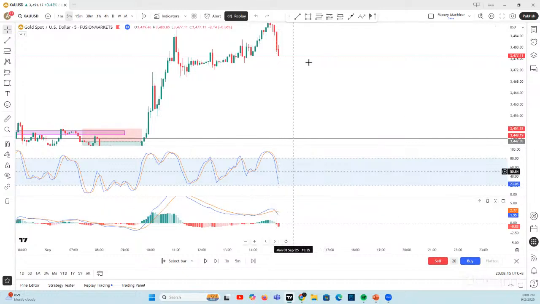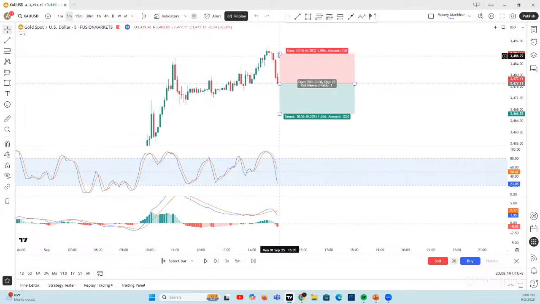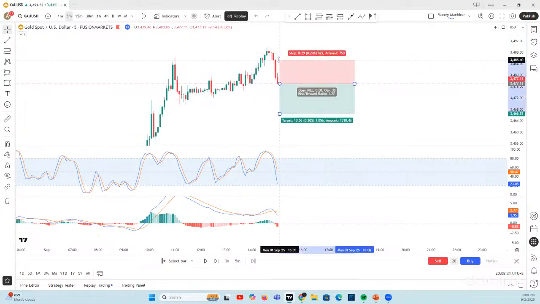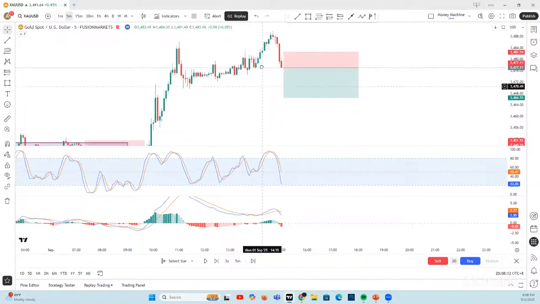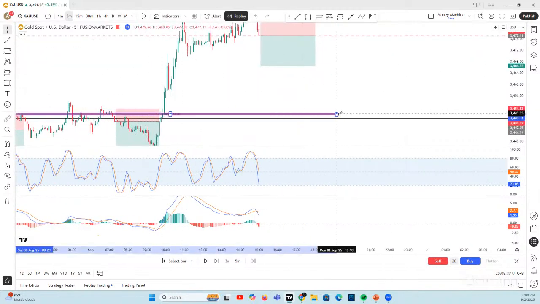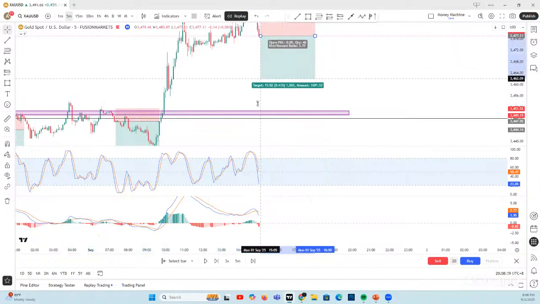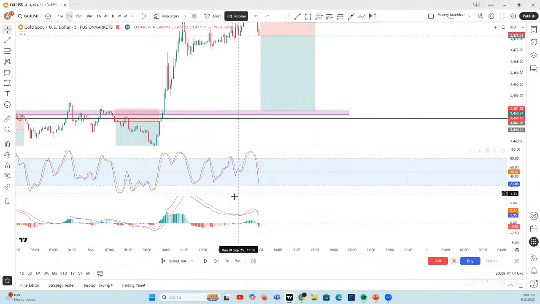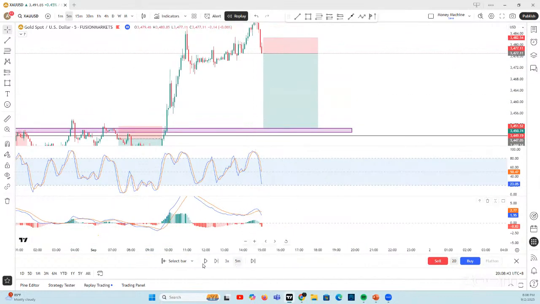MACD crossover, short position, 50 pips. Let's say this is 50 pips, 70 to 77 to 85. No, this should be 82. Yeah, that's the 50 pips. And target this key level here, just like that. Let's see.